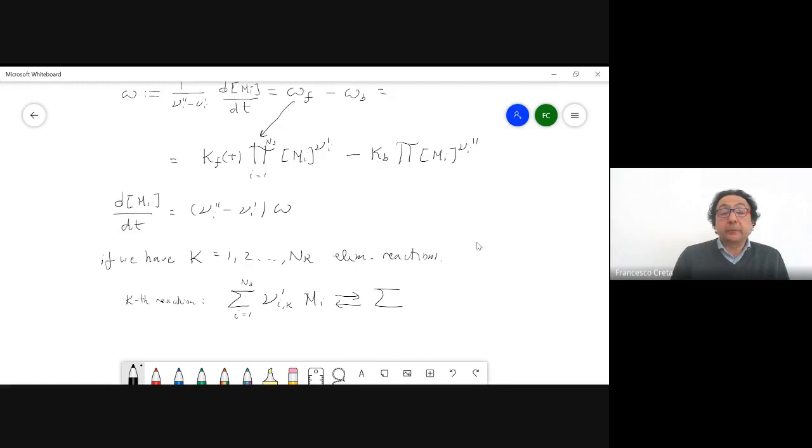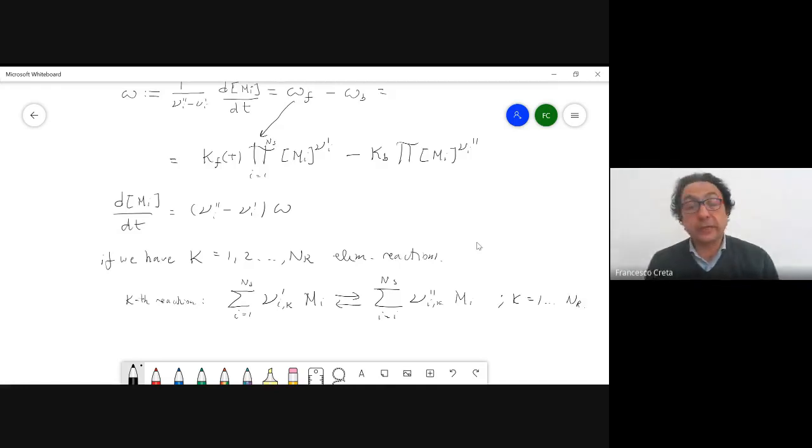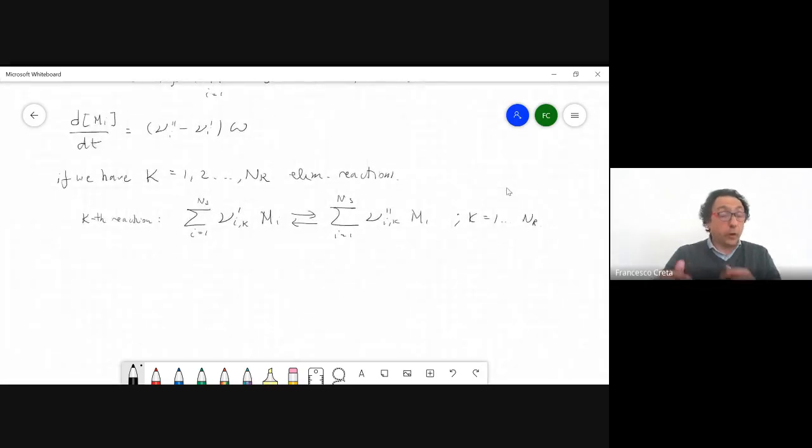And on the right we have the same kind of thing. So you sum on all the species, 1 to ns, for the kth reaction. And k again varies from 1 to nr. So, for example, if I have reaction number 2, I will substitute k equals 2 and write down my second reaction, and so on.